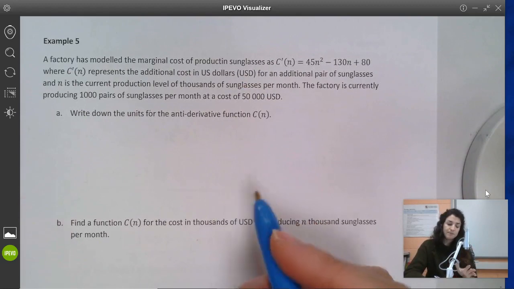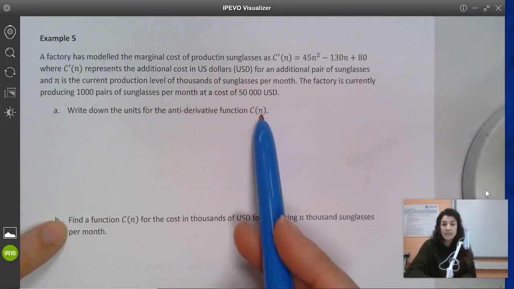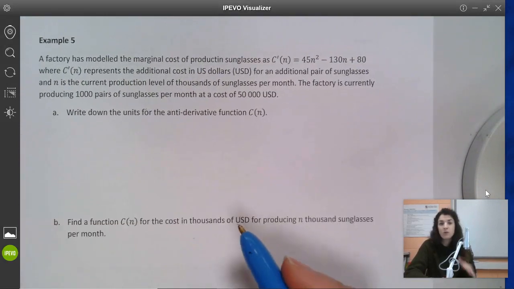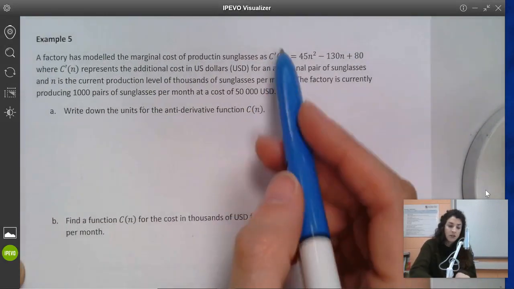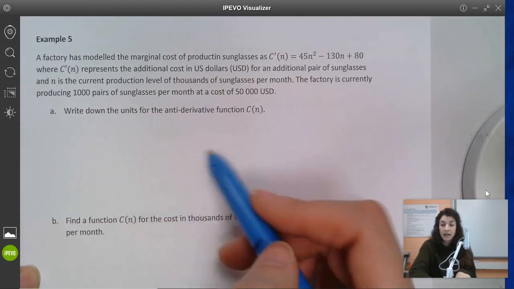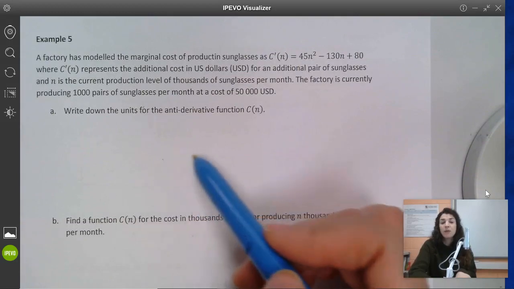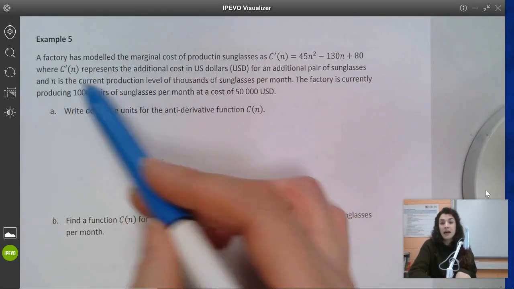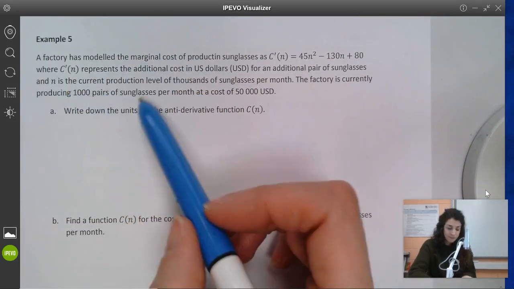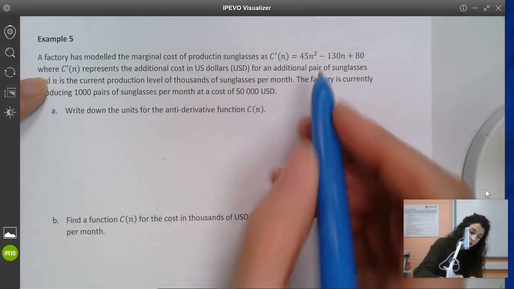So it says to write down the units for the antiderivative function C of n. And in order to find those units, we multiply what our y value is for this, what C prime is, divided by the unit of measurement for C prime, multiplied by the x value, in other words, n. So C prime of n represents the additional cost in US dollars for an additional pair of sunglasses.